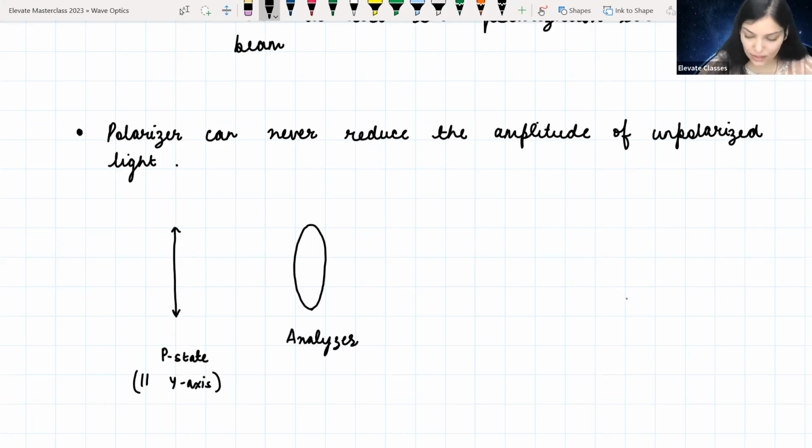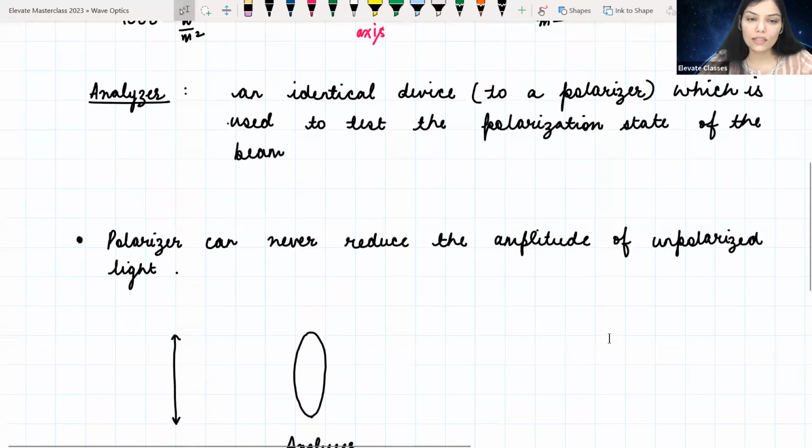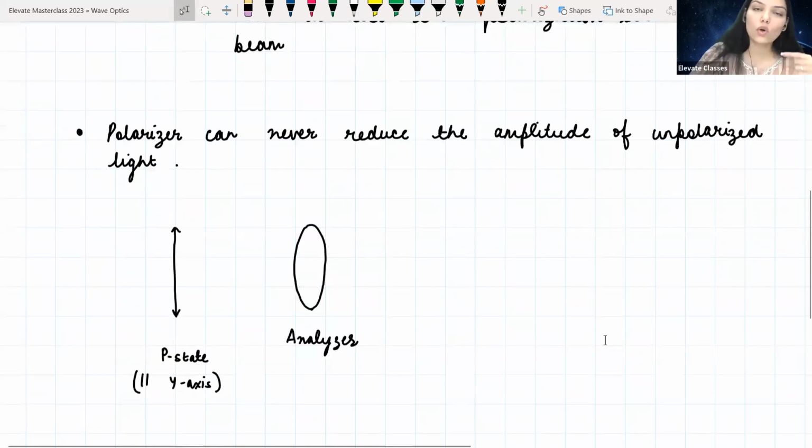And what is an analyzer? An analyzer is identical to a polarizer. So the analyzer will also have a transmission or pass axis. And as in a polarizer, only that component of the electric field which is parallel to the transmission axis will be passed, and all the rest of the components will be absorbed, right?